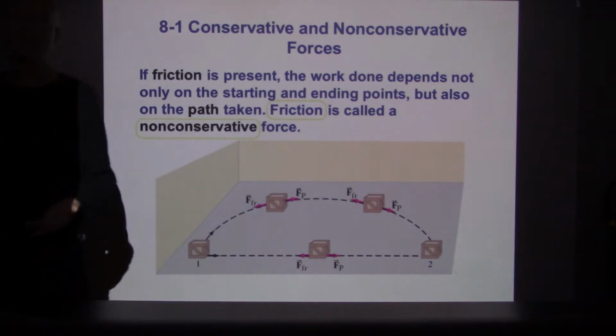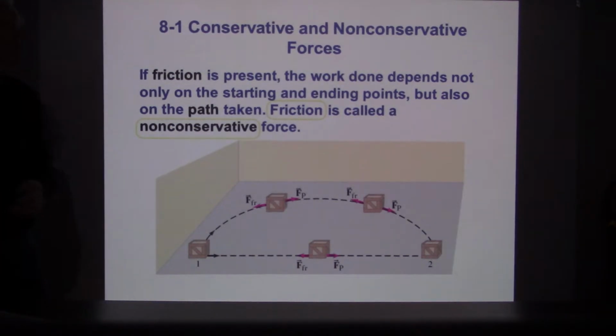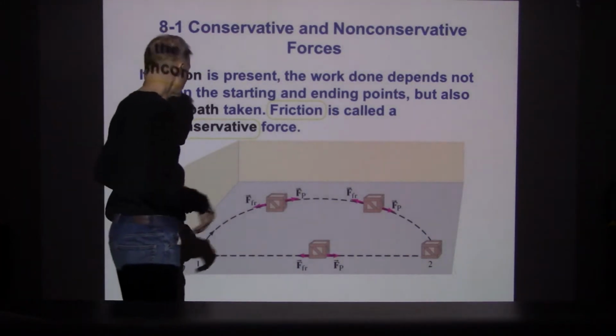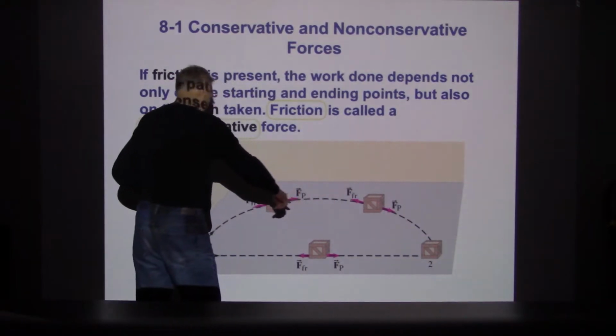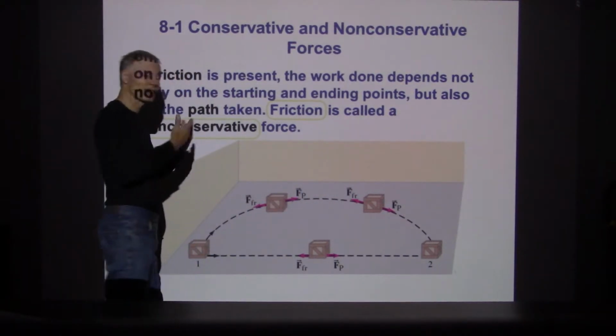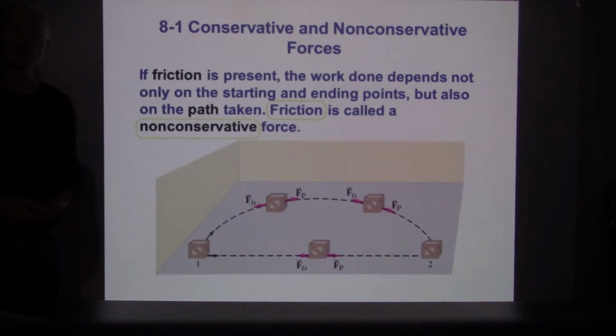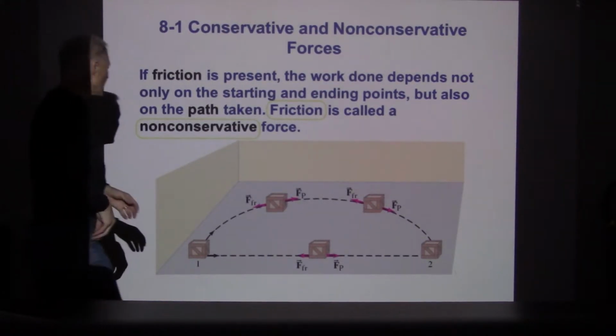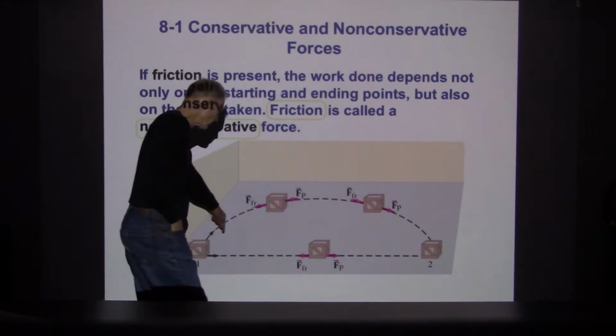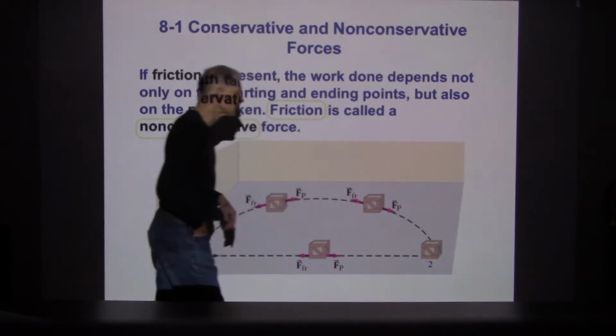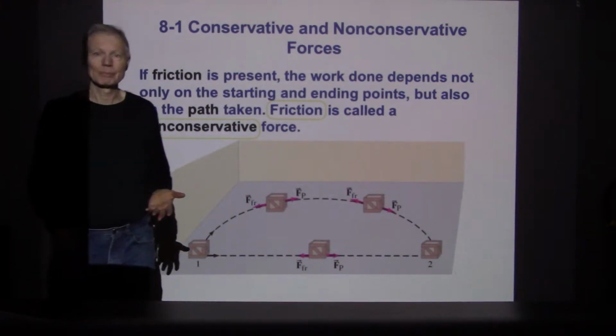Now, there are what are called non-conservative forces. With non-conservative forces, if we go in one direction with friction, energy gets converted into thermal energy along the way, so we lose what we call mechanical energy. If I now take friction and move the object back to the other side, I don't get the energy back again.